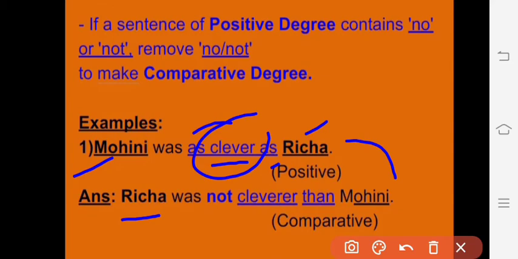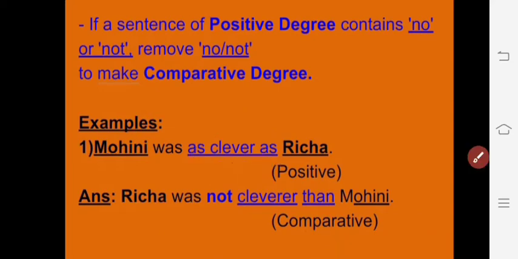Here clever is an adjective. So convert into cleverer while we convert the positive degree. So the answer is like that.